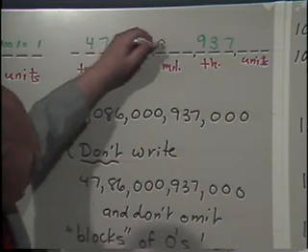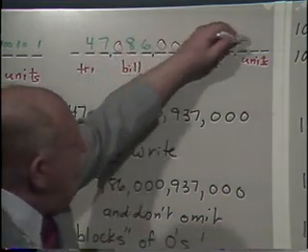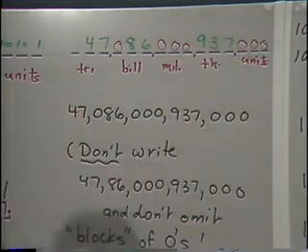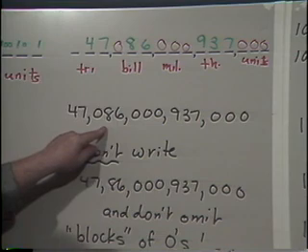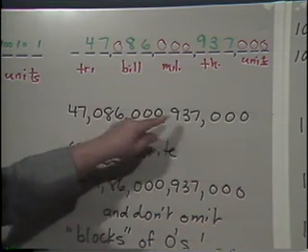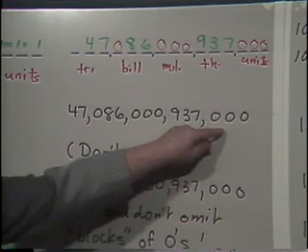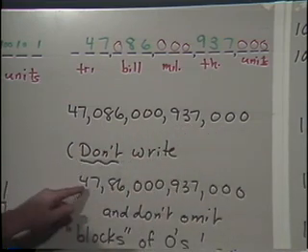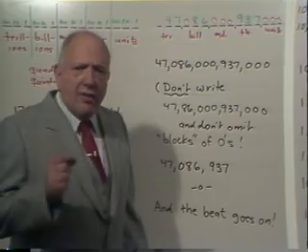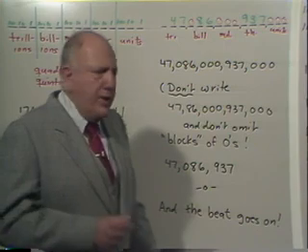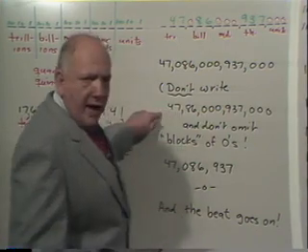But if I'm going to erase the blanks, I have to make sure I have placeholders in here. And so I write this now as what? 47 trillion, 86 billion, I'm skipping the millions, 937,000, period, no units. Don't write this. In other words, in this comma situation, there must always be 3 digits between commas, except of course at the very end, because there may not be enough.